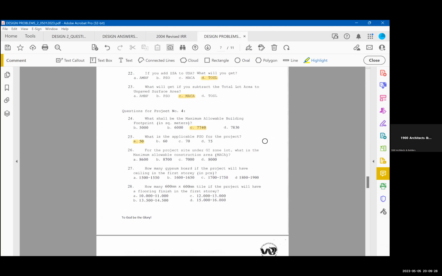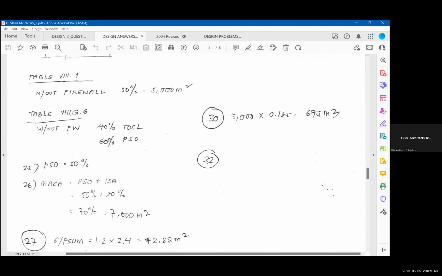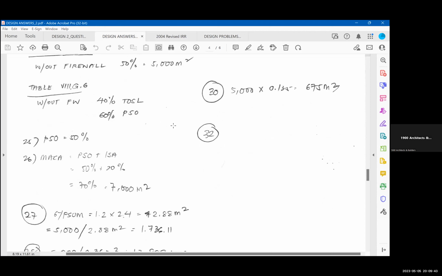Number 26, for the project site under GI zone, what is the maximum allowable construction area? So yung AMCA. So again, ang formula natin sa AMCA is PSO plus ISA.